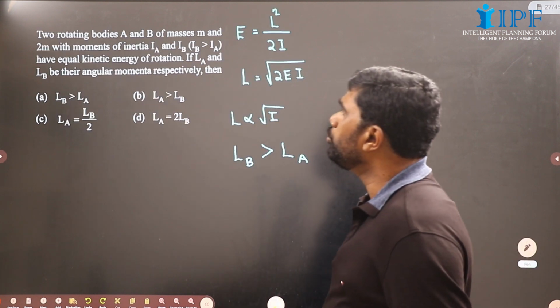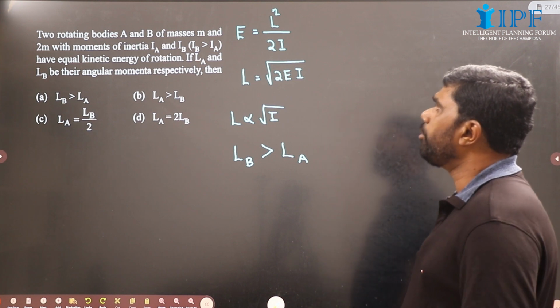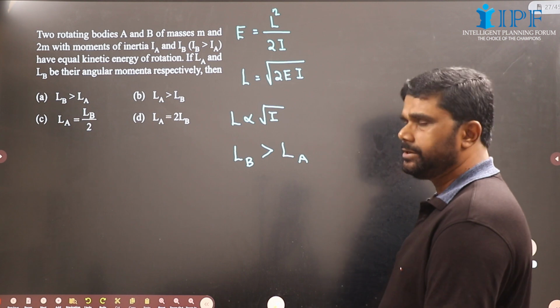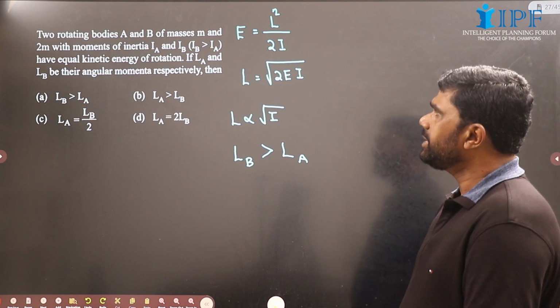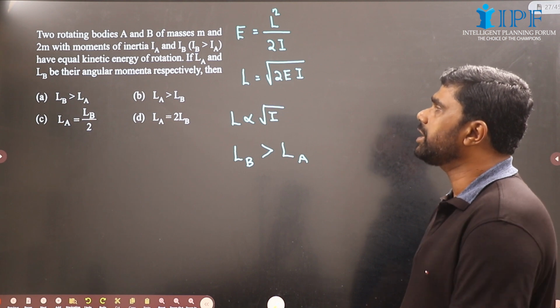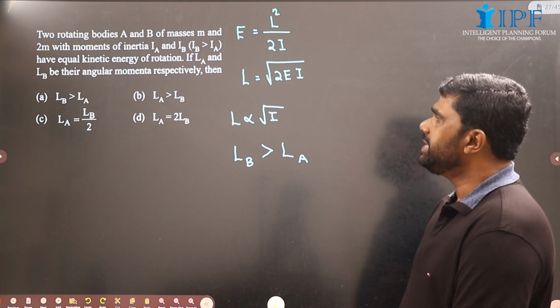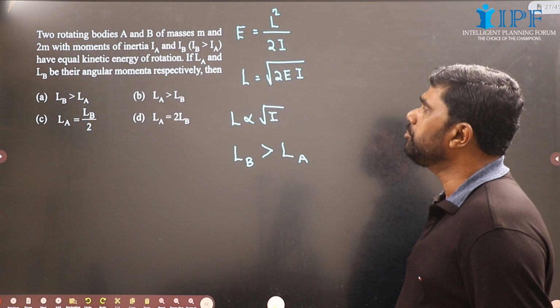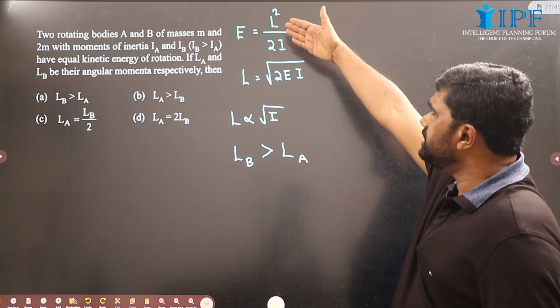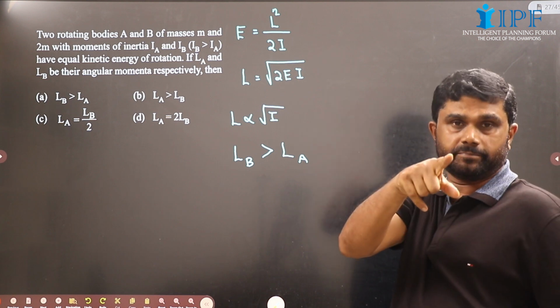Now two rotating bodies A and B of masses m and 2m with moments of inertia Ia and Ib, and Ib is greater than Ia, have equal kinetic energy of rotation. La and Lb be their angular momenta respectively. Then see, the kinetic energy is given by L square by 2I.